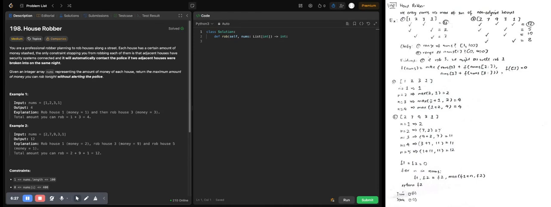Now I would like to explore possible approaches for this problem. So when I go through example 1 and example 2, I think it's obvious that if I want to rob house 3, I might as well rob house 1. So let me write down the finding.